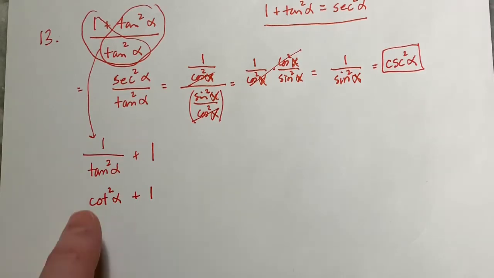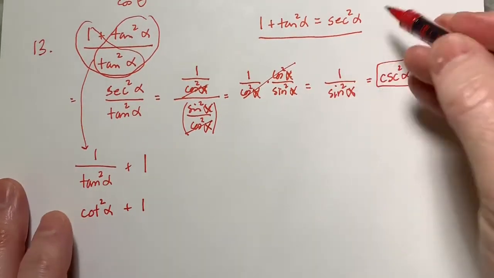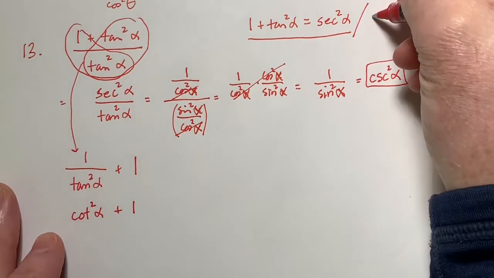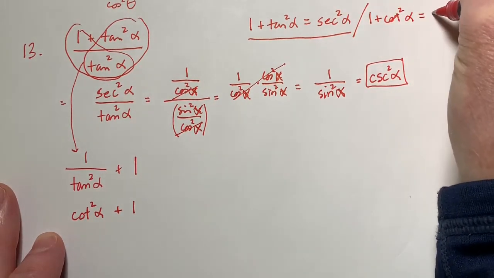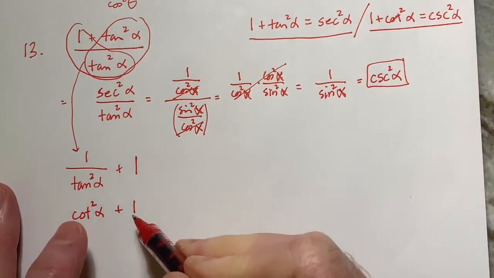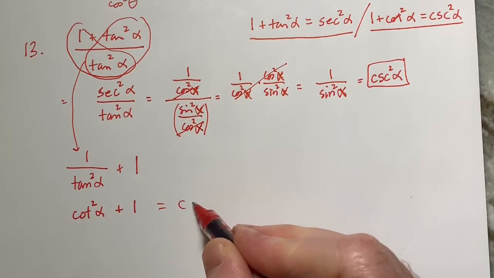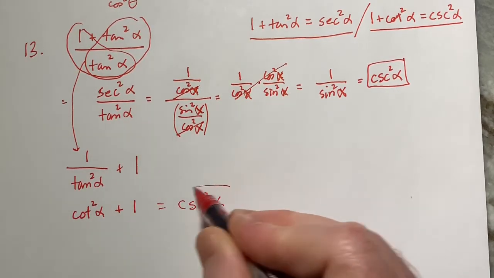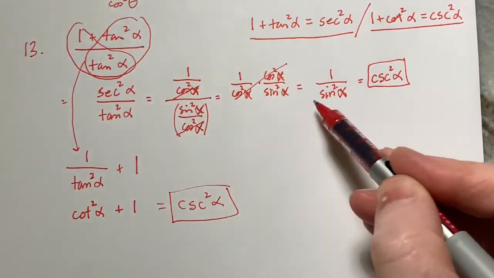Not only do I have this identity right here, but there's another identity that says 1 plus cotangent squared alpha equals cosecant squared alpha. And what do I have right here? 1 plus cotangent squared alpha. So this right here is equal to cosecant squared alpha. And look, I did it with much less work than all of that.